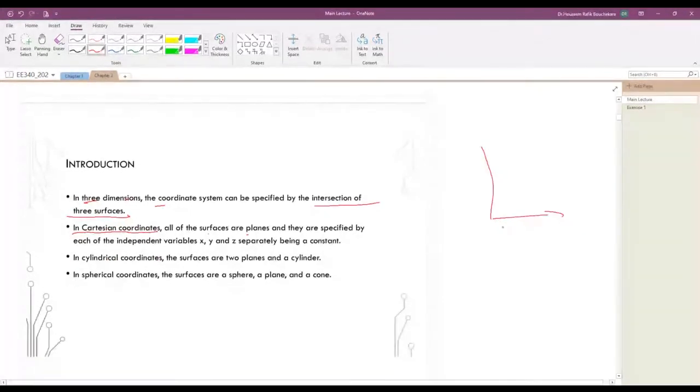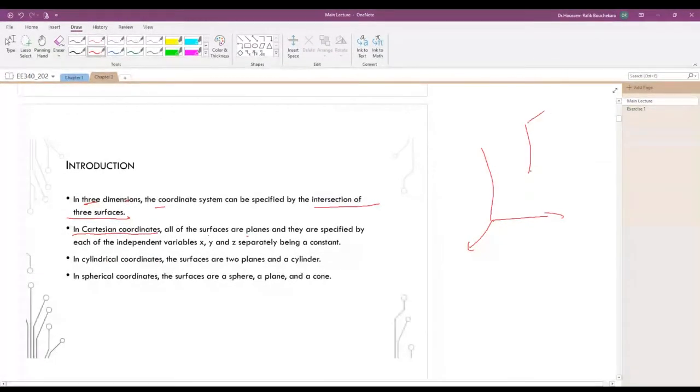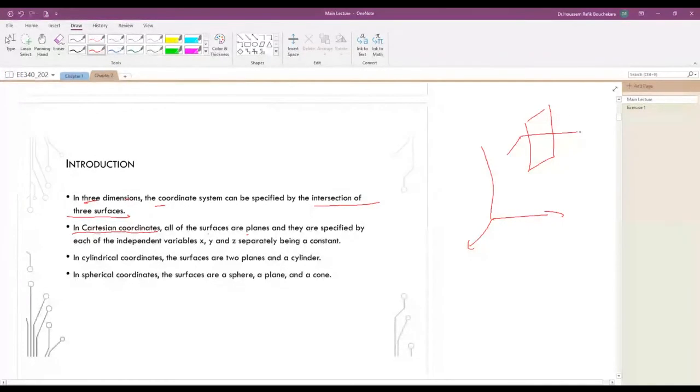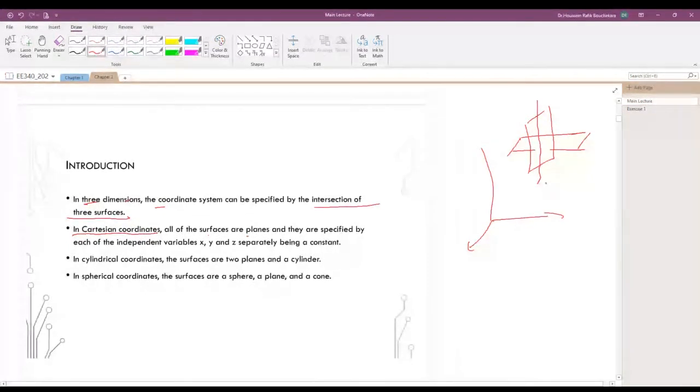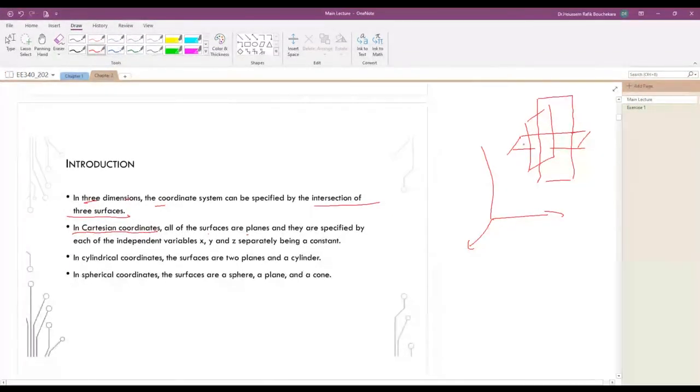This Cartesian system is made of 3 planes: plane 1, plane 2, and plane 3. The intersection of these 3 planes defines the Cartesian coordinate system.